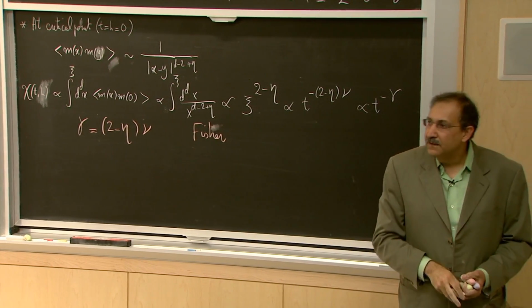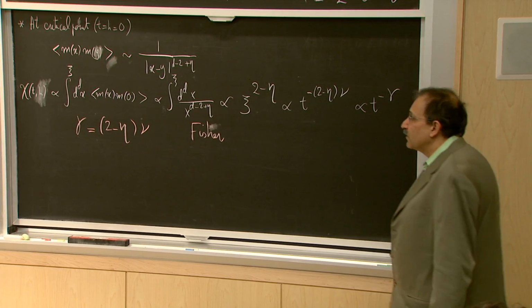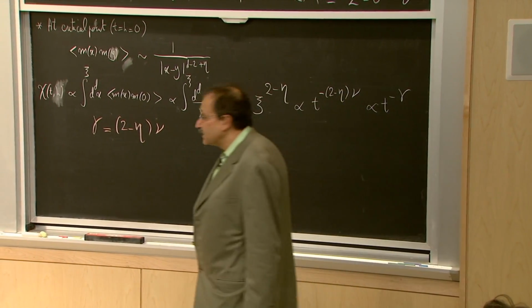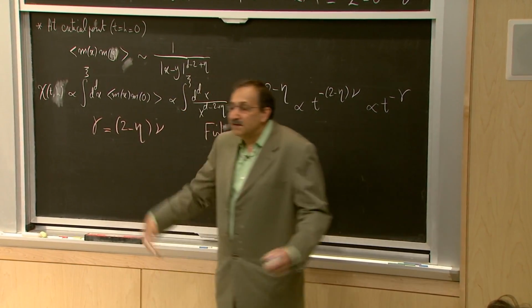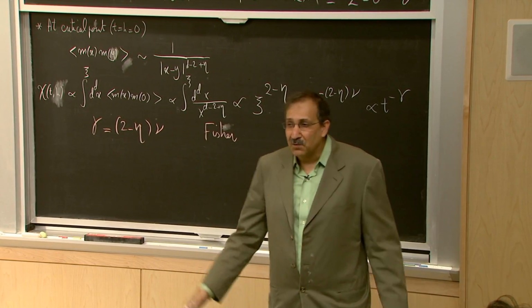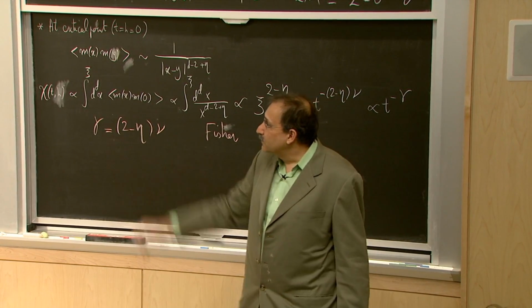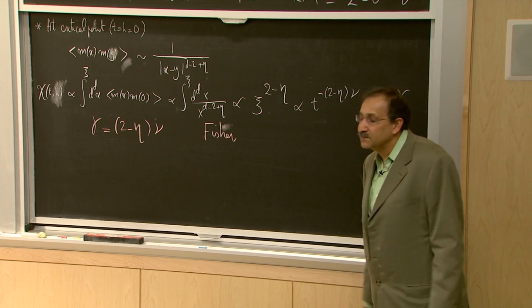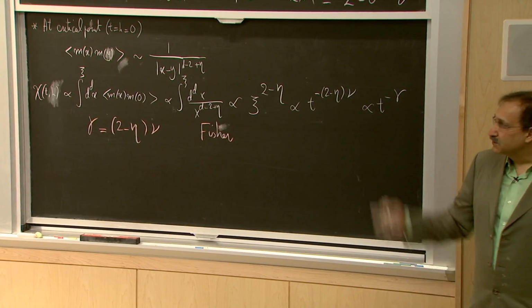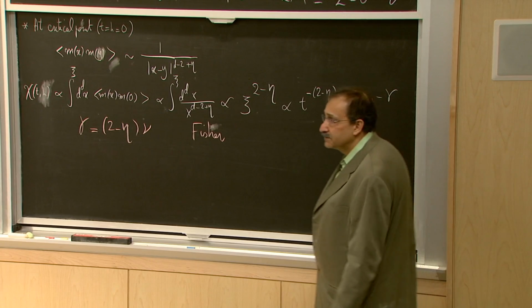Again, you can see that in all of the cases in 3 dimensions that we are dealing with, the exponent eta is roughly 0.04, and all of our gammas are roughly twice what our nu's are in that table. You can look at that table and check.